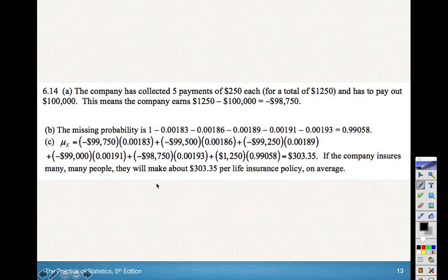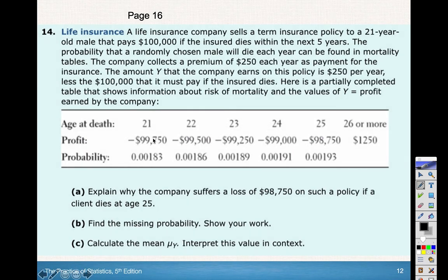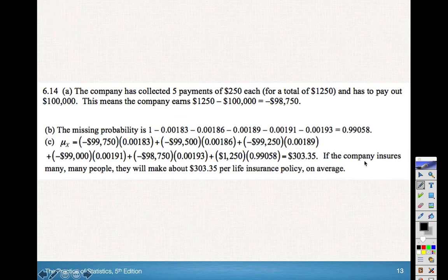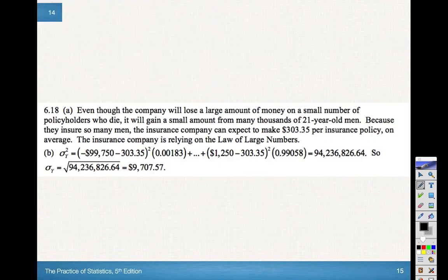Selling insurance under these terms is not risky because they insure many, many people. Sure, they would lose a lot of money for this outcome. But the probabilities are so small, and they insure so many people, that they would actually expect to make $303 per person in the long run.